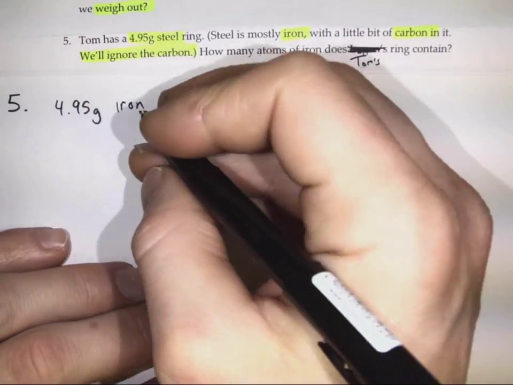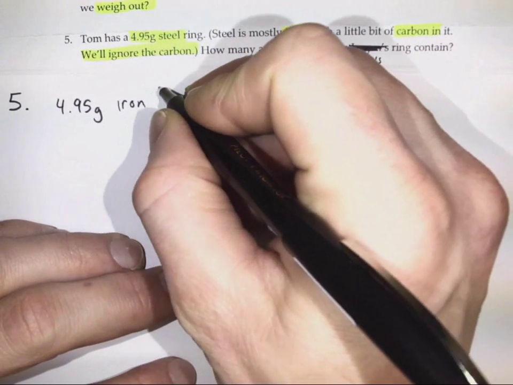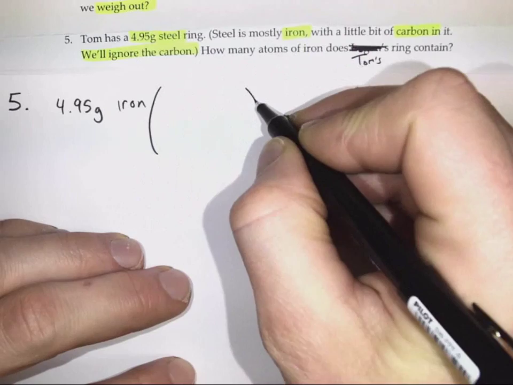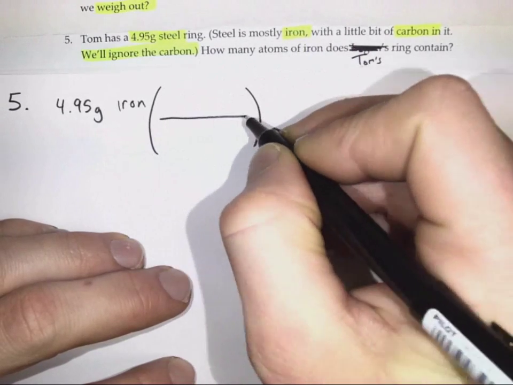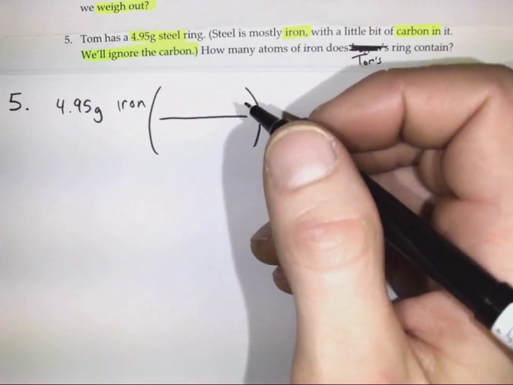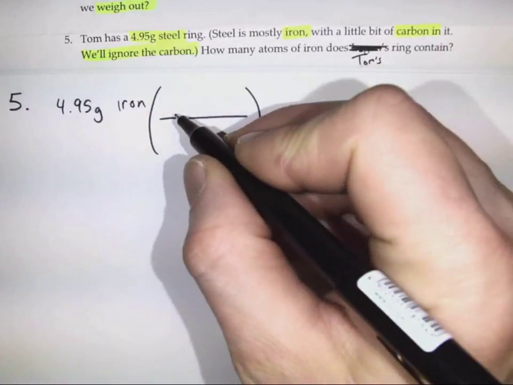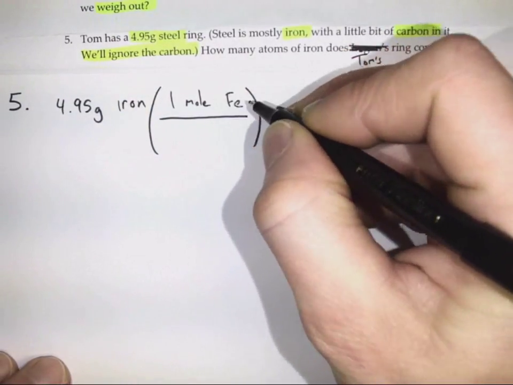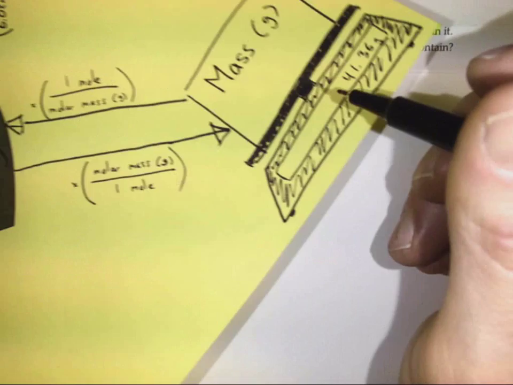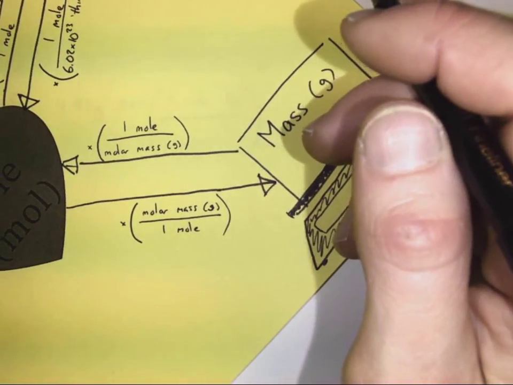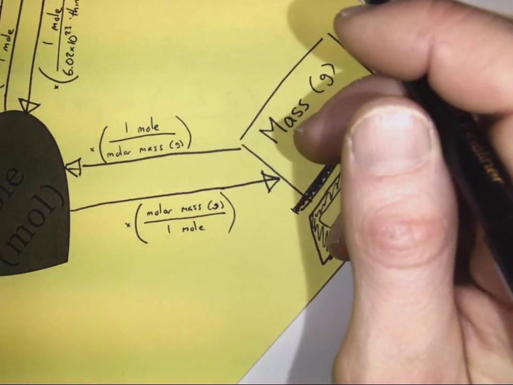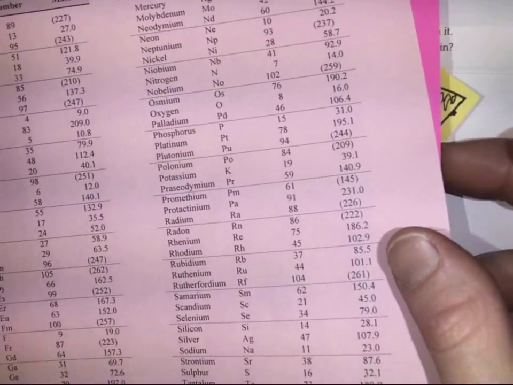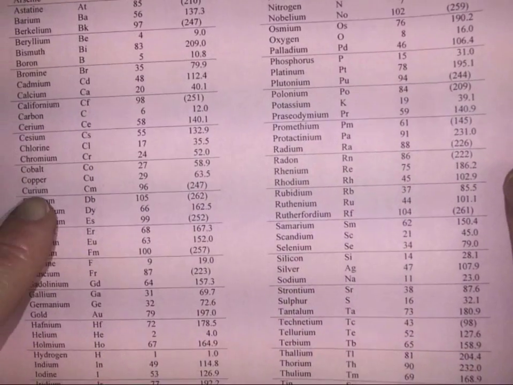All right. So we can actually do that directly, I'd say. So we're going to multiply by 1 mole of iron. I'm going to write Fe over the molar mass of iron. What's the molar mass of iron? Well, I can look here, and rather than look on the periodic table, I can just look down for iron.